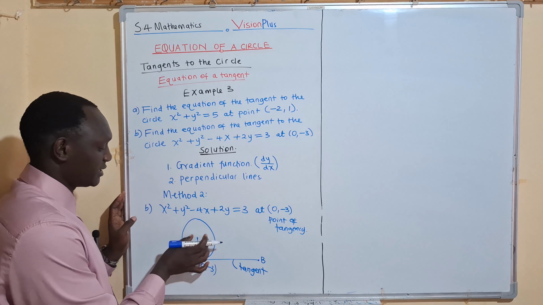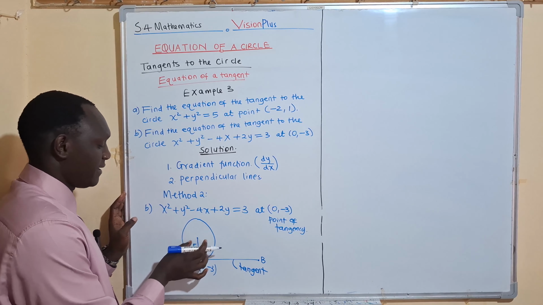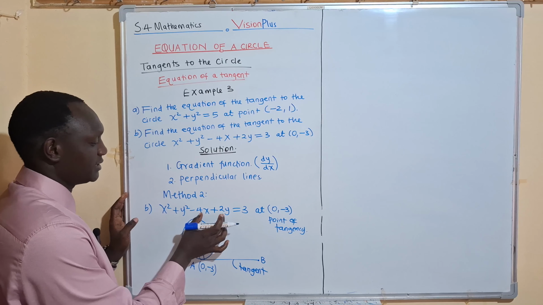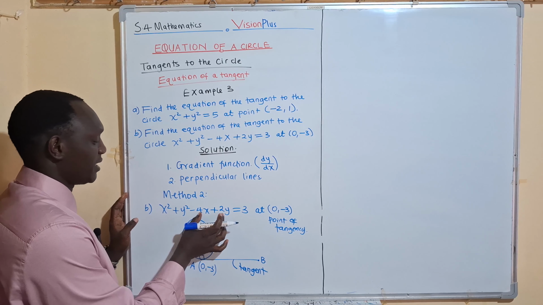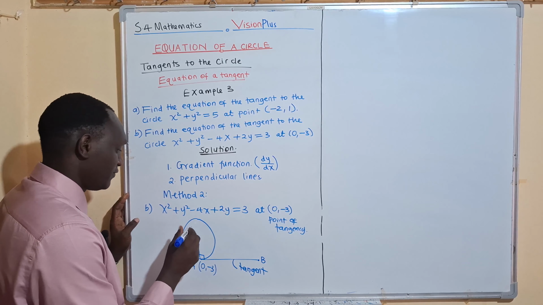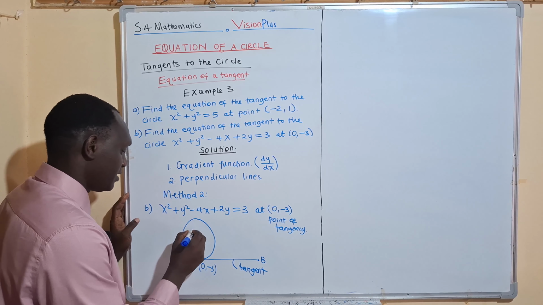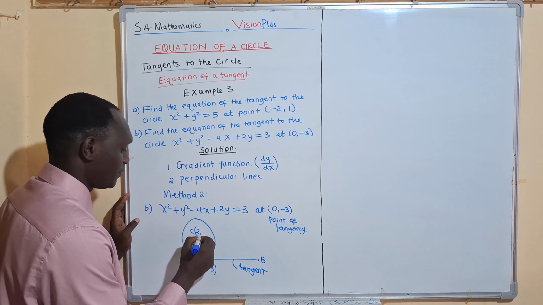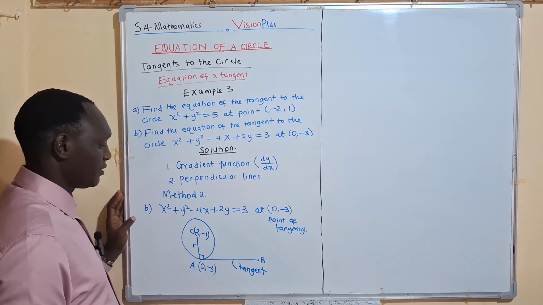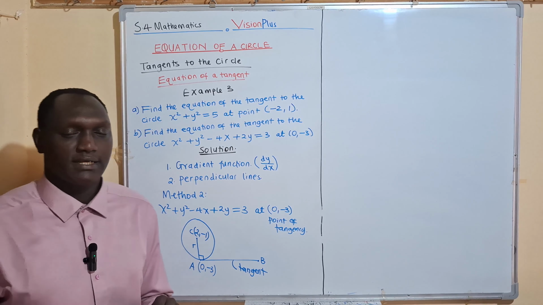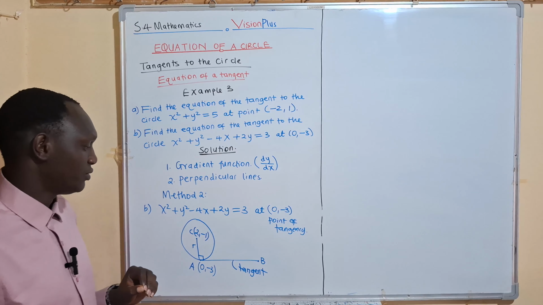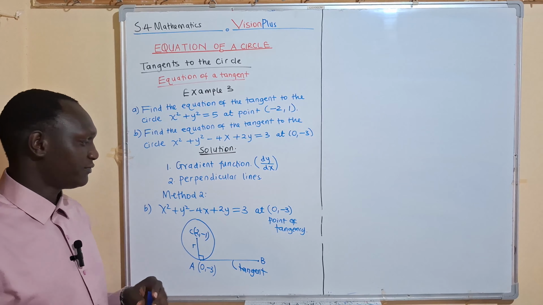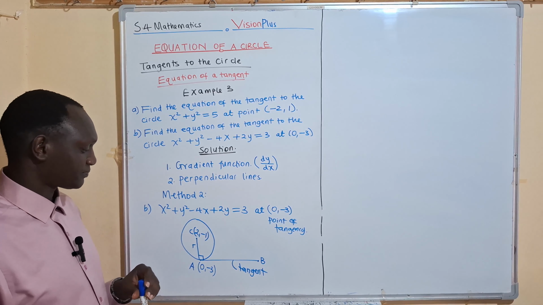Now, what are the coordinates of the center of this circle? You can get them from this equation, which is in the expanded form. If you have practiced, then you have clearly seen that the coordinates of the center are (2, -1). Now, after getting the coordinates of the center, this is what we do for us to apply the concept of perpendicular lines.